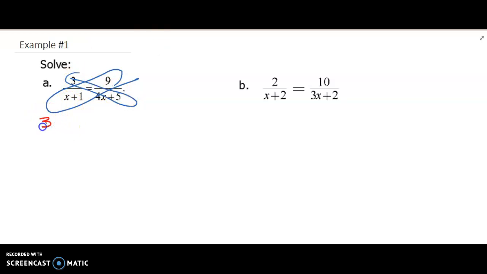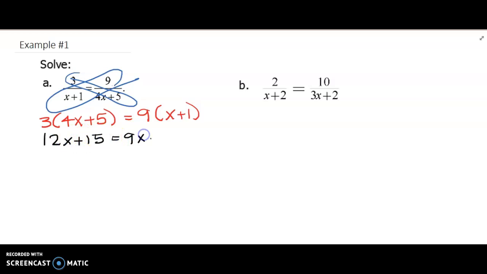So we're just going to take 3 times 4x plus 5 is equal to 9 times x plus 1. And from here, just do a normal algebra problem. So this is 12x plus 15 equals 9x plus 9. Subtract 9x from both sides.